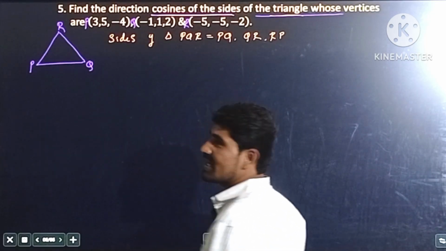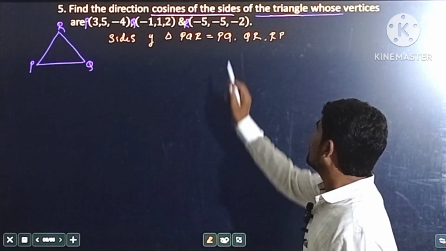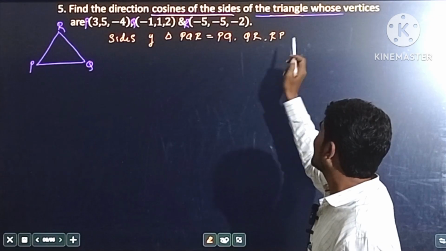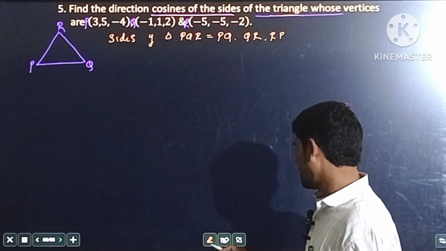So we need to find the direction cosines of the sides PQ, QR and RP. I hope all of you understood.